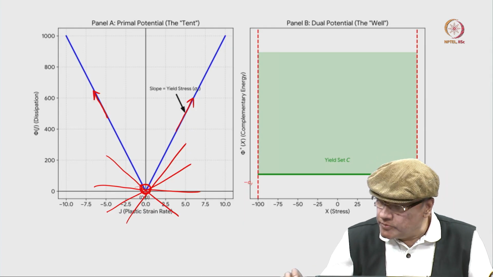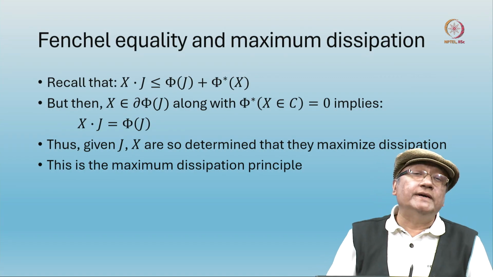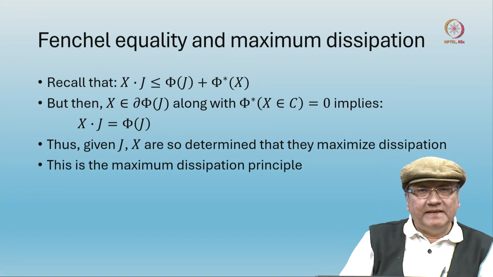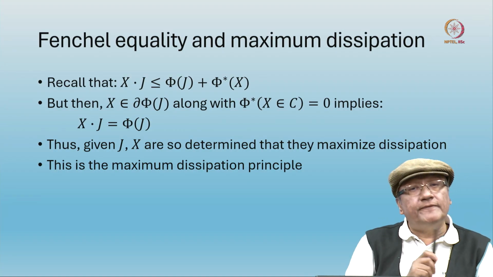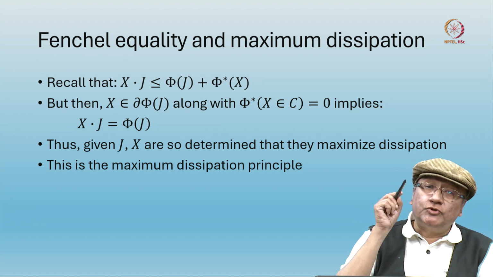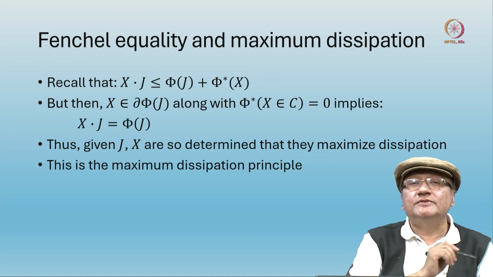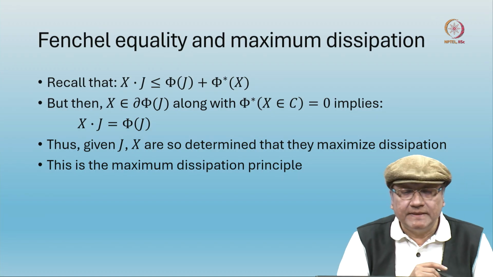So, this has to be remembered. So, you see how we are exploiting the fact that there is a lack of continuity in the derivative information of phi j at j equal to 0, because through that information comes the yield set, right.